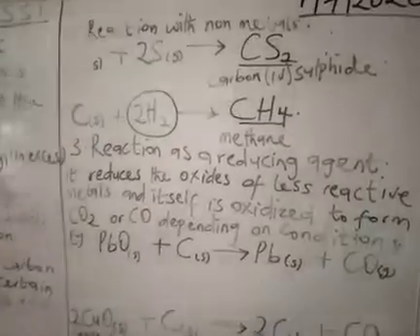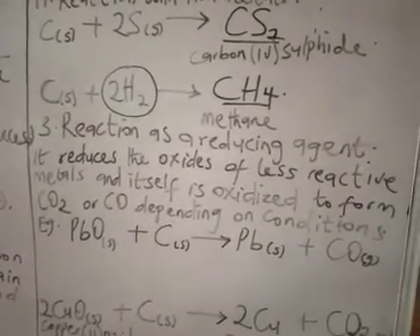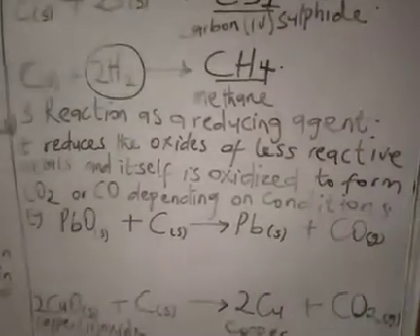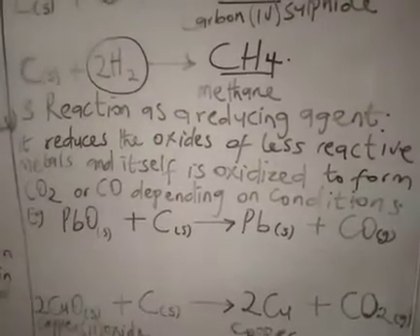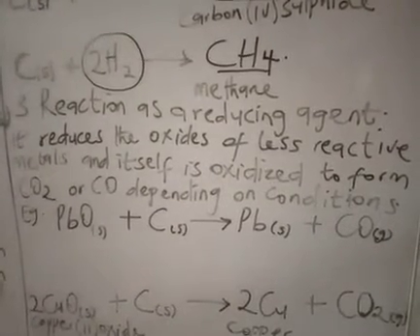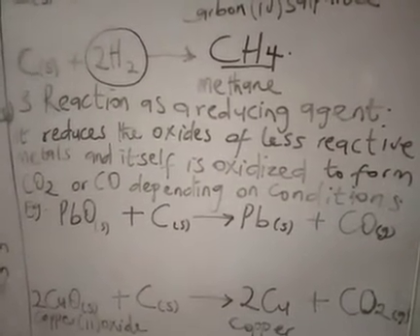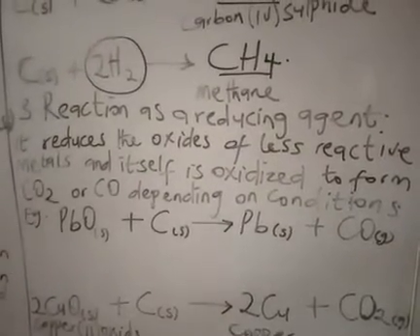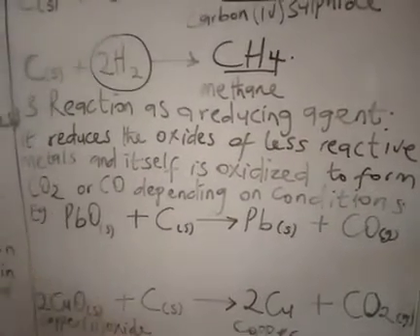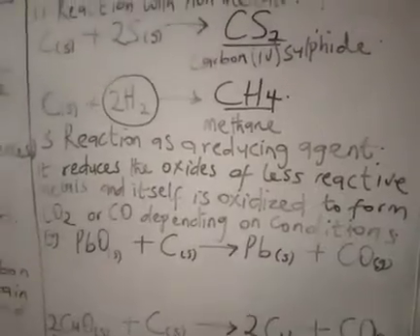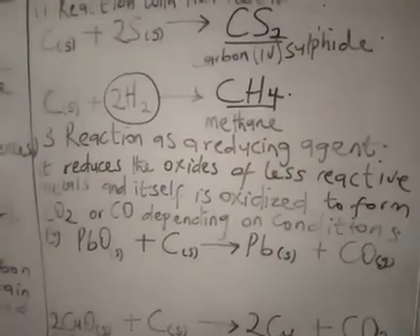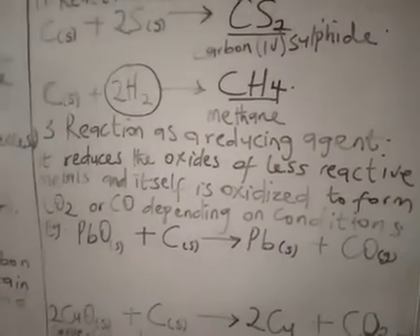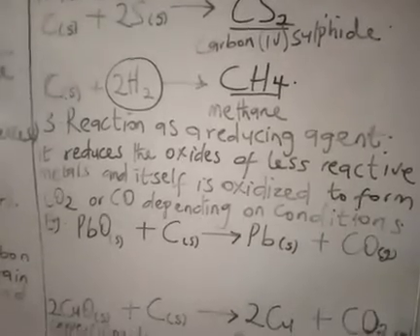Now, the third one is reaction as a reducing agent. Carbon is a very serious reducing agent, in the sense that when it is involved in a reaction, it reduces the oxides, or reduces that particular compound, to a lesser one, giving a lesser oxidation number, whereas itself is oxidized in the process.